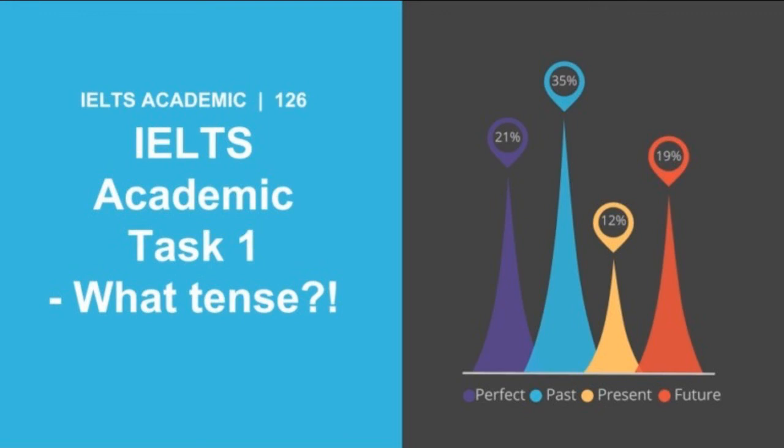Lesson 5, an essential technique to score band 7. Lesson 6, what tenses, and that's really practical, and it's a little bit similar to what we're going to describe now, but more compact.